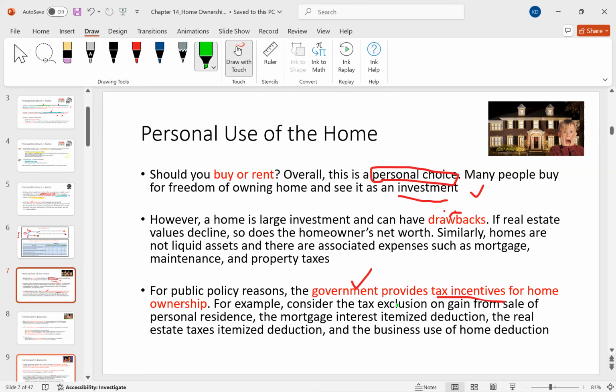We're going to talk about each of these, but it's going to be things like, hey, you sell that house at a gain, we'll let you exclude that gain up to a certain amount. Hey, you pay mortgage interest on that home, you could potentially get an itemized deduction for this. Similar for those property taxes you pay on the home. And then, hey, if you're self-employed and you have a home office, we'll give you a deduction for that as well.